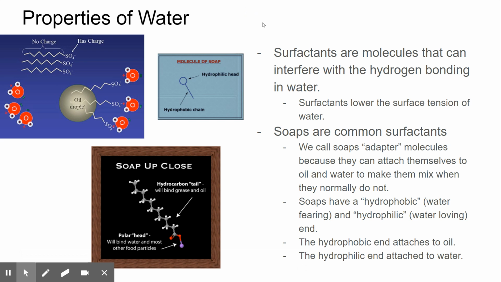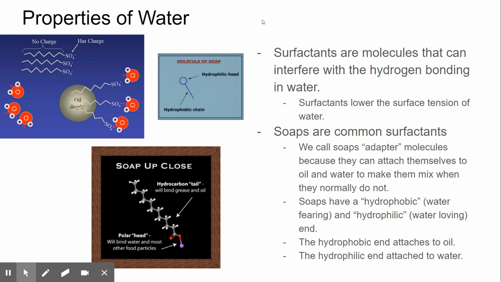Next, there's something that can interfere with those hydrogen bonds. We can disrupt those hydrogen bonds and eliminate that high surface tension and some of those other properties, the beading up of water. The molecules that interrupt that, we call surfactants. The surfactants interfere with hydrogen bonding in water.